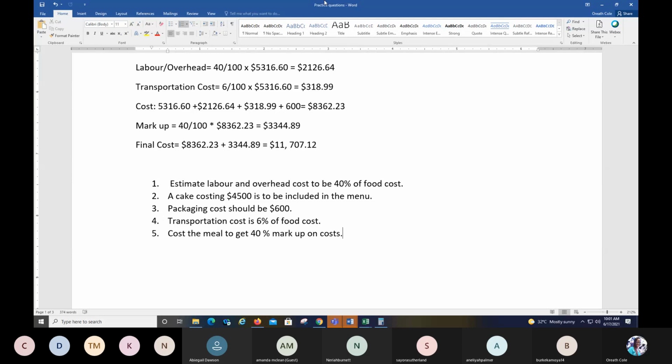All right. Okay, so how much to charge a party of 30 persons in order to realize a profit?